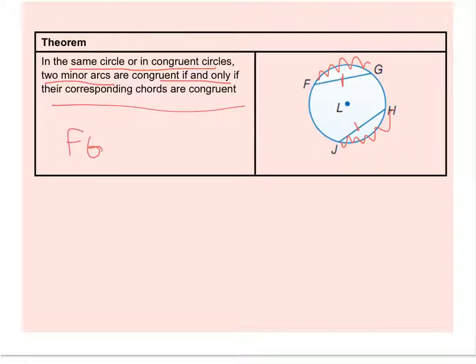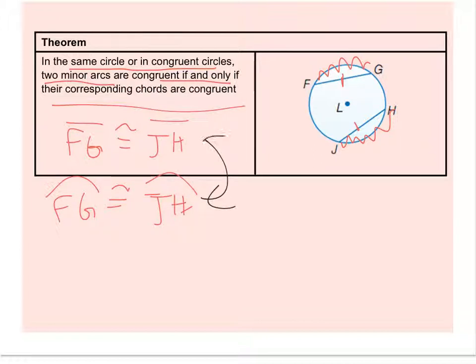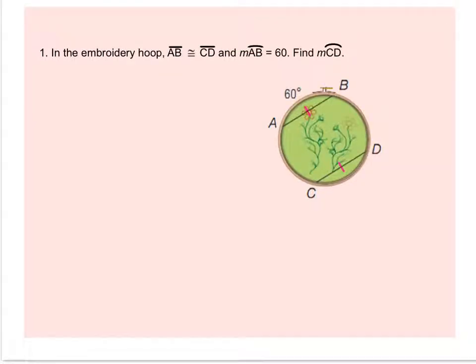So if segment FG is congruent to segment JH, then arc FG is congruent to arc JH. And it works flipped around too. If I said this arc is congruent to this arc, then I could say that chord is congruent to that chord.